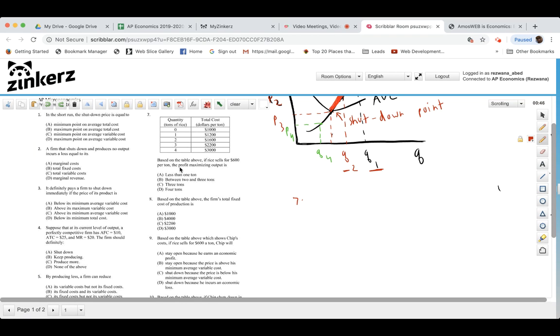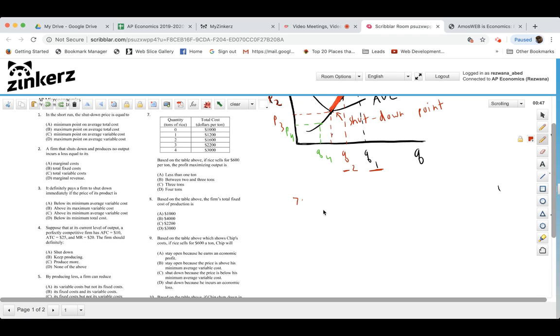And then it's asking, based on the table above, if rice sells for 600 per ton, what is the profit maximizing output? They want to know how much this farm should produce if they wanted to maximize their profit. So what is the rule for finding out how much to produce if you want to maximize profit?